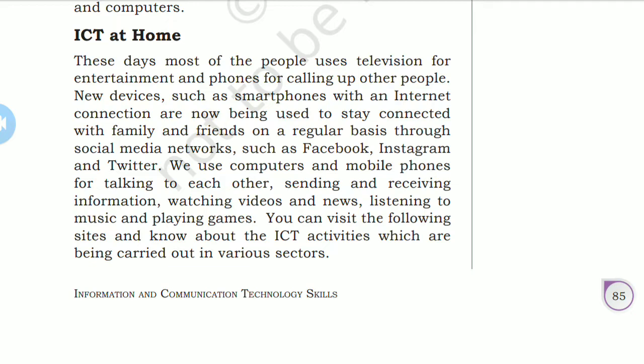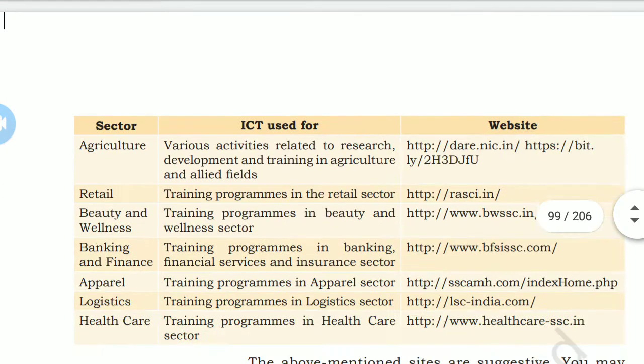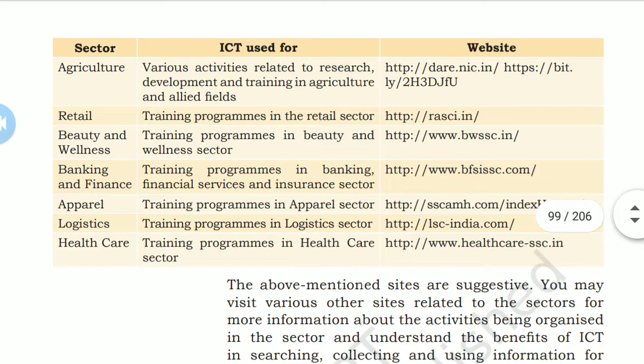You can visit the following sites and know about the ICT activities which are being carried out in various sectors. Now look, here they have given the sector name. On the left side column you can observe agriculture, retail, beauty and wellness, banking, finance, like that.